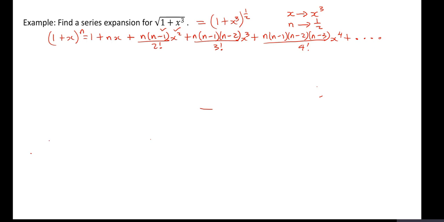I haven't specified a term where you should stop, but we'll go up to the power 4.